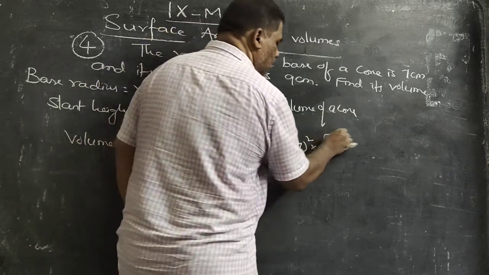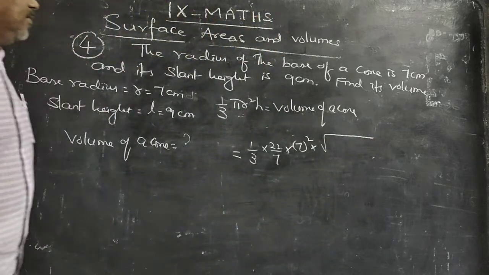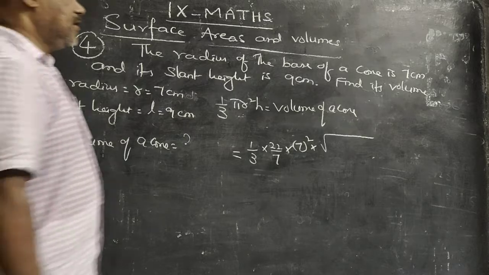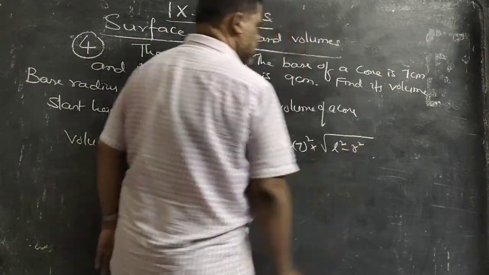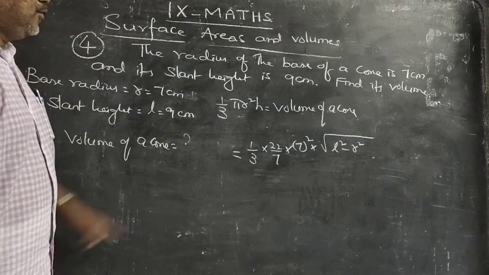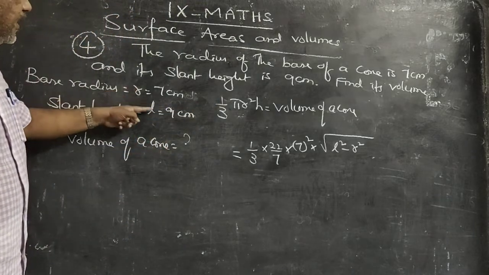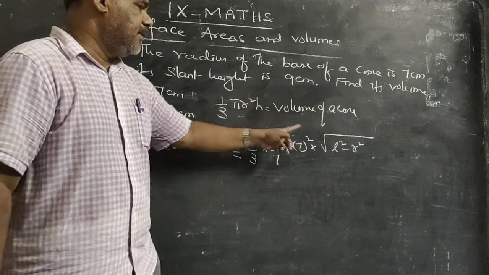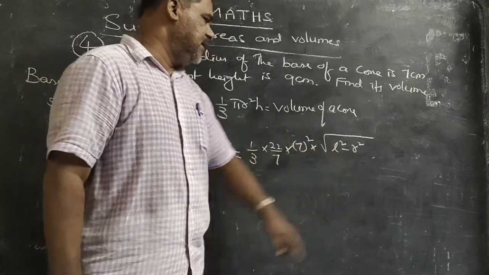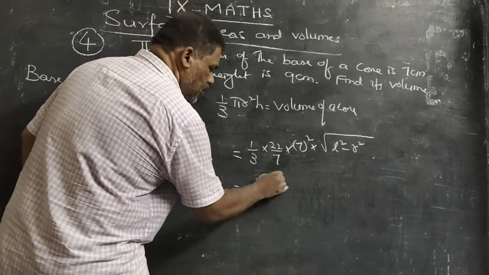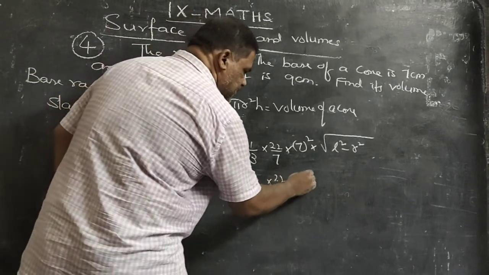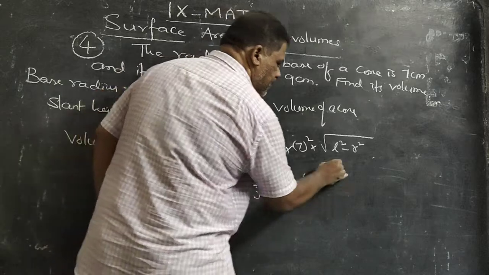Height we don't know. So L square is equal to h square plus r square. In place of h you write L square minus r square. That is the h formula. If you know r and L, h can be calculated using this formula. So 1 by 3 into 22 by 7, 7 square is 49.